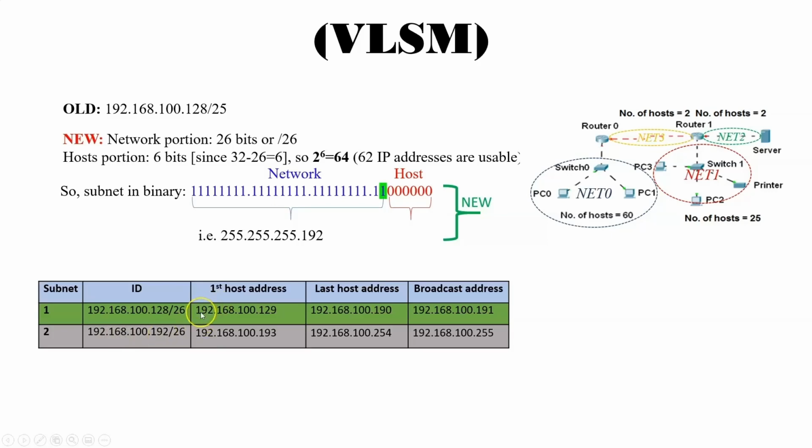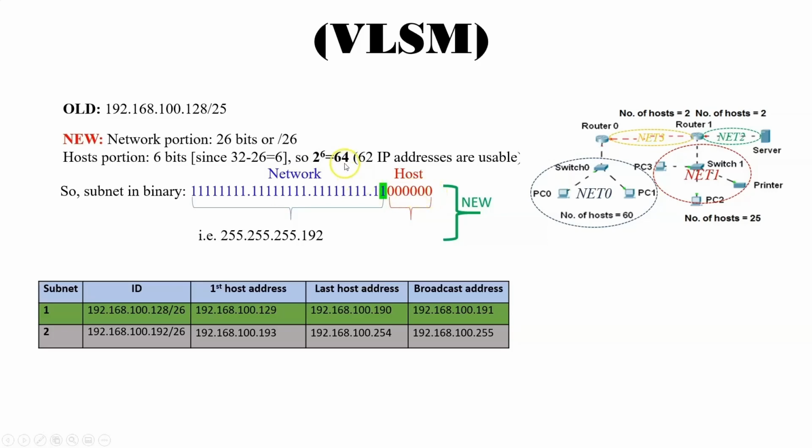So for the first subnet, the first usable IP address will be the next IP, so that means 192.168.100.129. Yeah, 128 was the network ID for this subnet 1, so 129, and the last one would be 192.168.100.190. Why? Remember? If I borrowed 1 bit, then I'm left with only 6 bits for the host. 1 2 3 4 5 6, right?